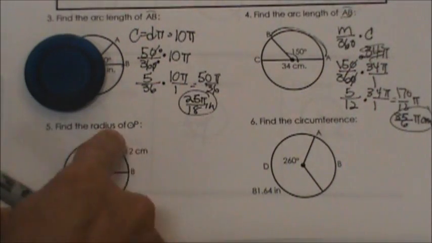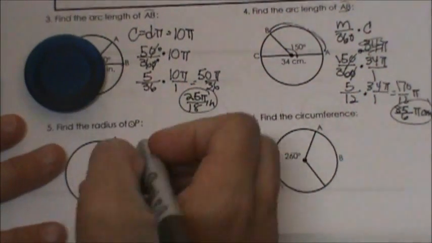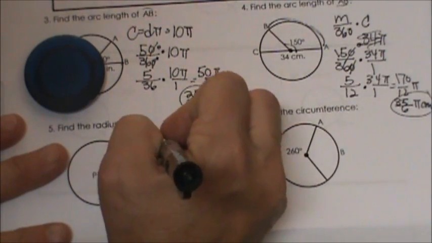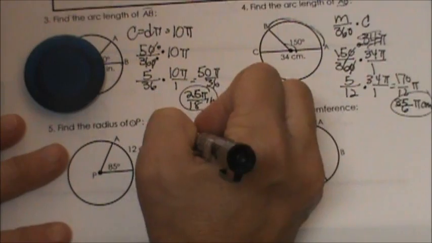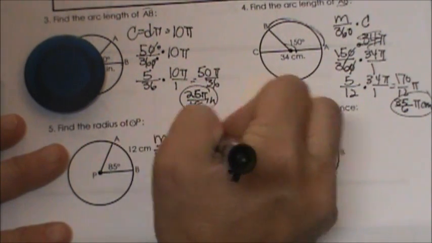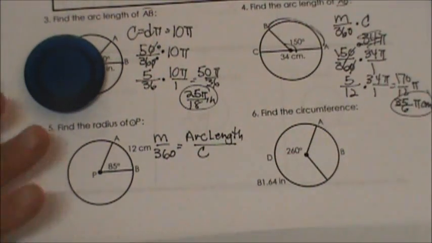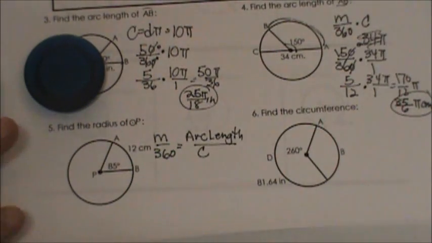But if you've got the arc length and you got to work backwards to something, try this. Okay, we're going to take the measure over 360 as a proportion is equal to the arc length over circumference. Okay, so let's try it this way. It's basically just this formula cross multiplied. It's just cleaned up a little bit.